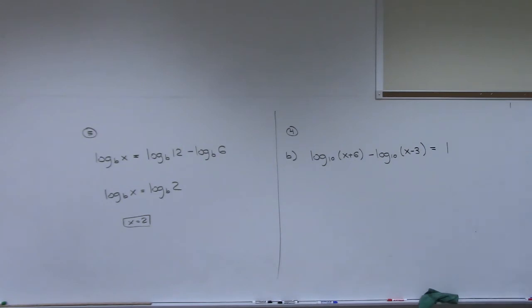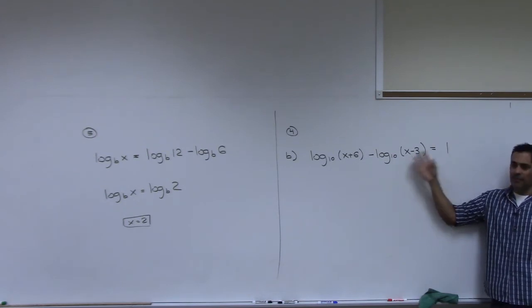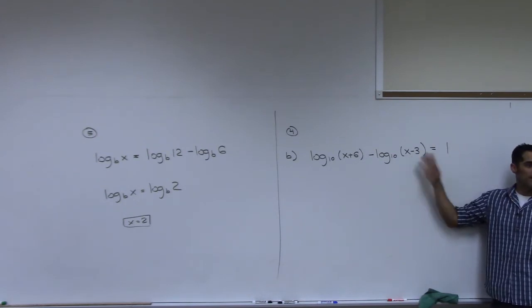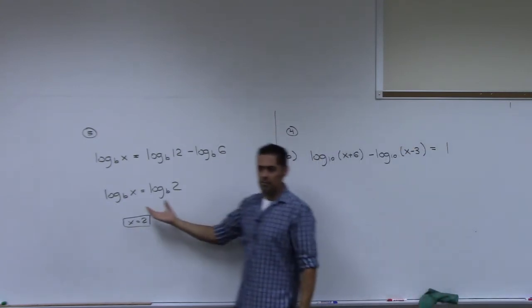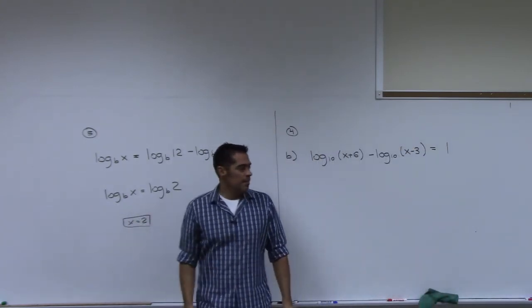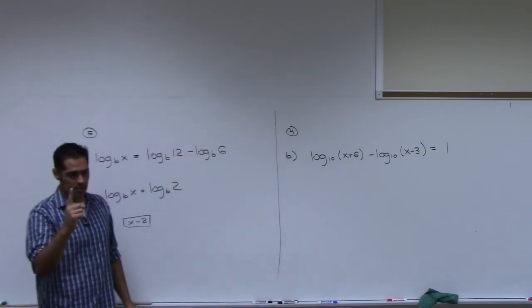Notice on this equation, you don't have a log on the right-hand side, do you? So you don't have logs on the left and logs on the right. So you're not going to be playing this matching game anymore, trying to get it to look like this. See the difference? But you still can, on the left side, put those 2 logs into 1.